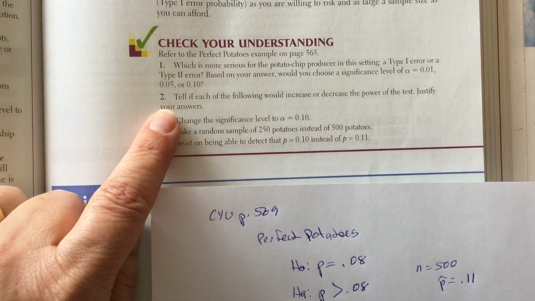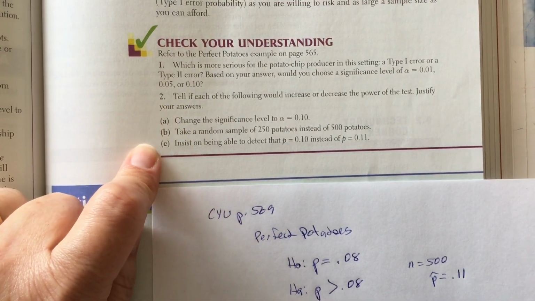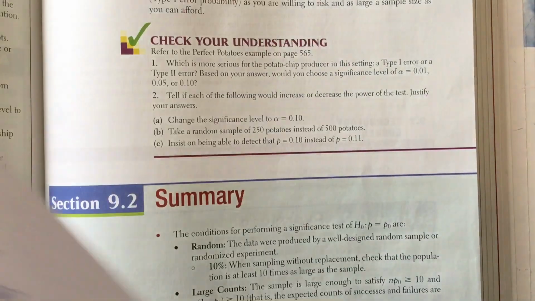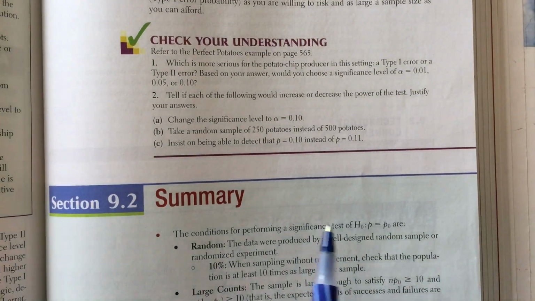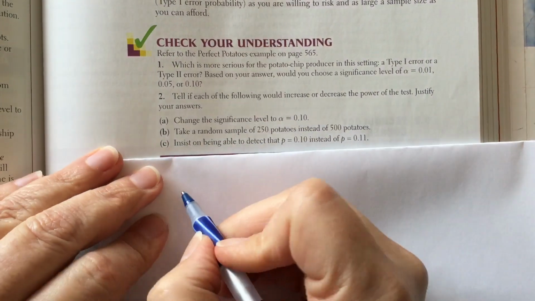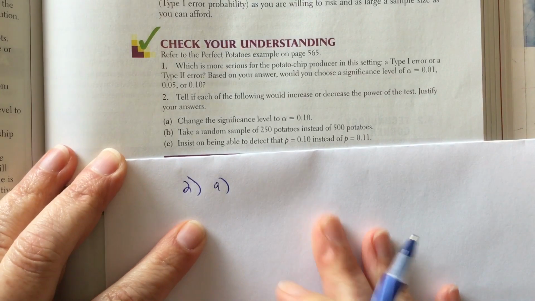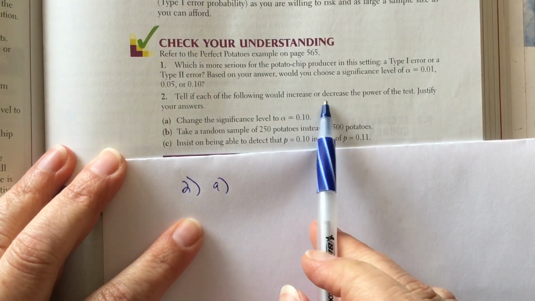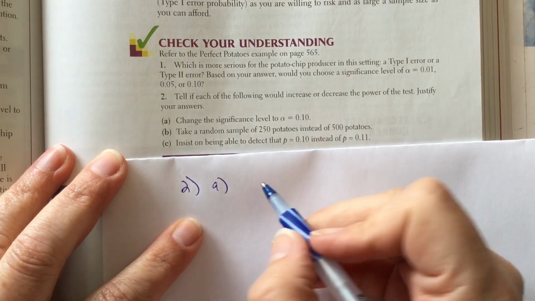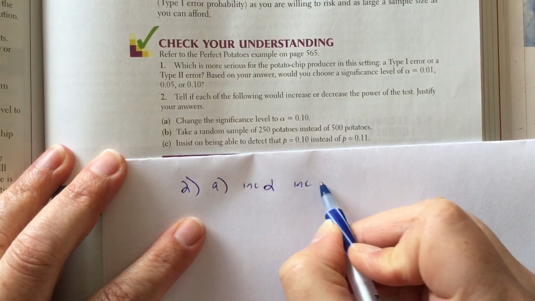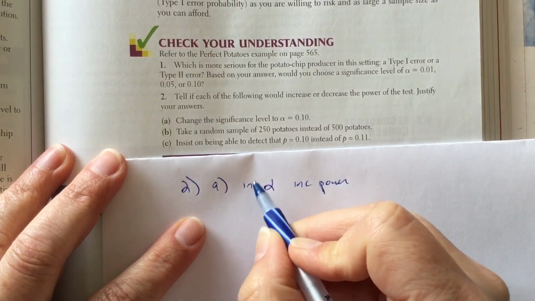Tell if each of the following would increase or decrease the power of the test and justify your answer. I'm going to fold my paper, if you don't mind, and bring this up. If we change the significance level to 0.01, that would increase the power of the test. So increasing your alpha increases the power of the test.